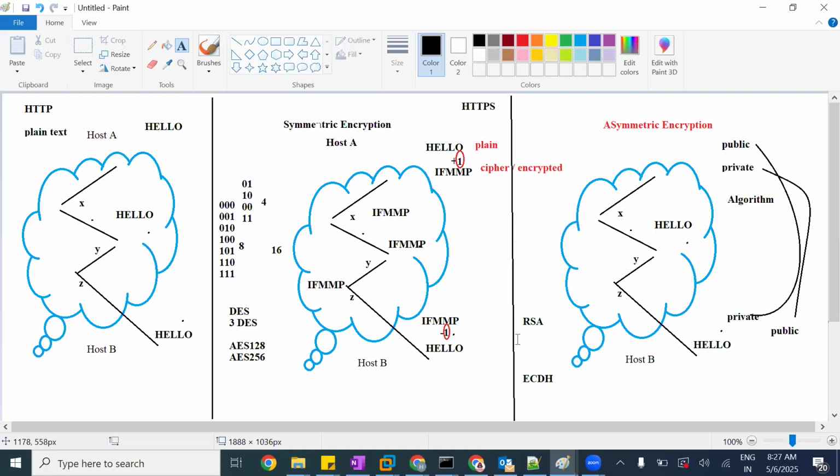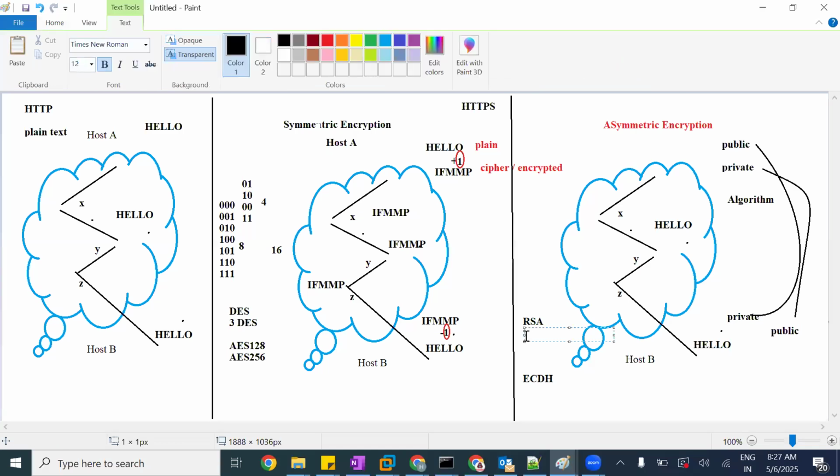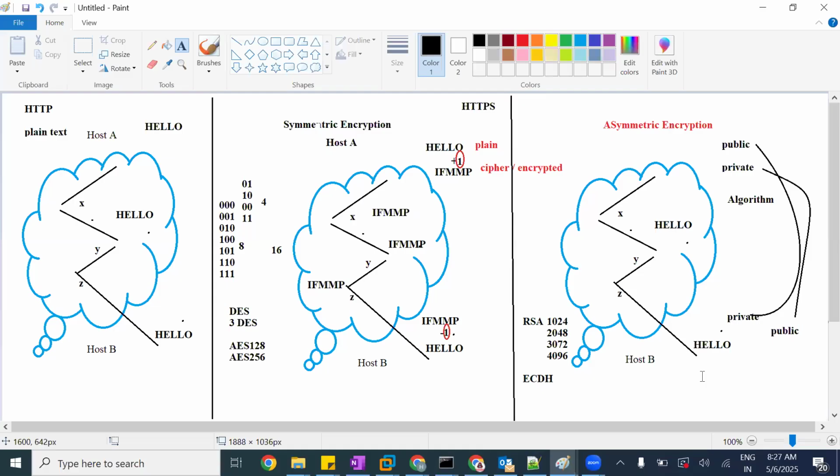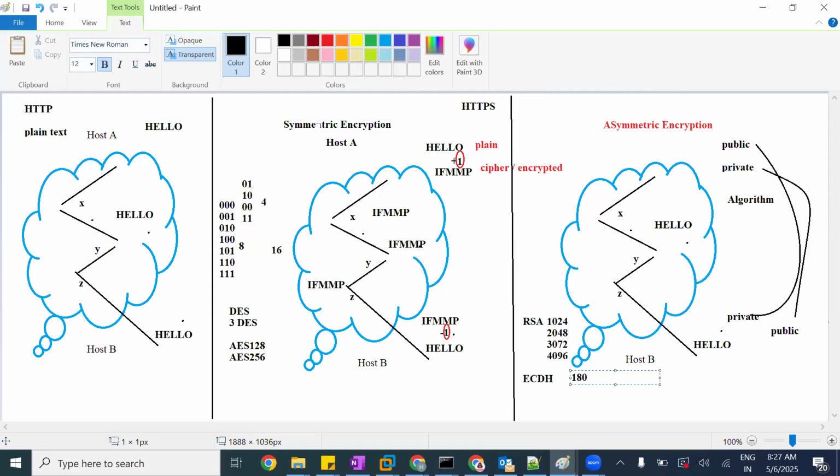Of course, no one is going to ask you in interviews about their full form. Just remember the algorithm, which is very complex, and the key size will be 1024, 2048, 3072, and 4096. These are the possible key sizes if you are using the asymmetric algorithm RSA. ECDH is 180. This is the key size in case of ECDH.